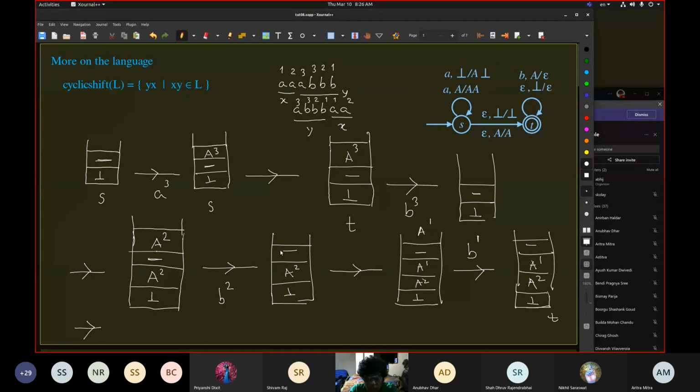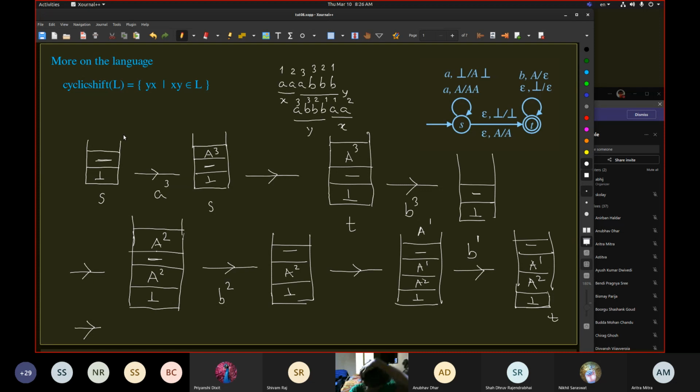And if there is a way for this machine to go from S to T or whatever, empty its stack, final state is not very important in this context. Then there is a sequence of guesses for this machine that will accept the cyclic shift and also conversely. So that requires a formal proof, but you go ahead with it.